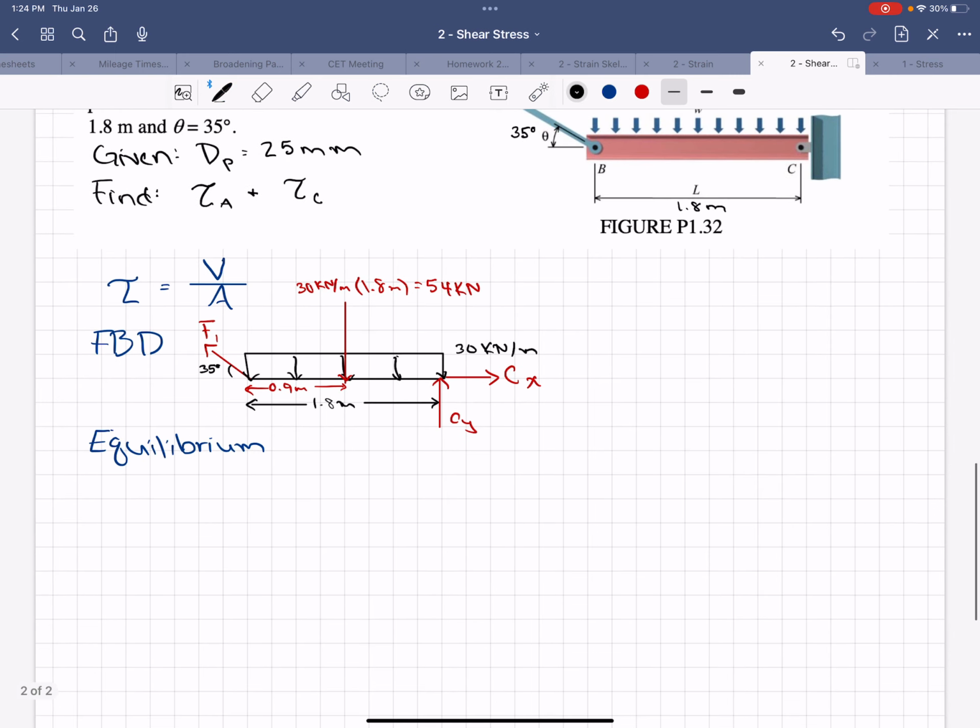So I'm going to start with taking a moment about C. Sum of the moments about C equals 0, that way I can find out what F1 is. I'm going to start with the distributed load I've turned into a point load. It's going to create a positive moment around C, and that is going to be 54 kilonewtons times half the distance of 1.8 meters, which is 0.9 meters.